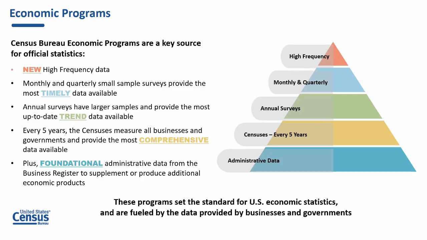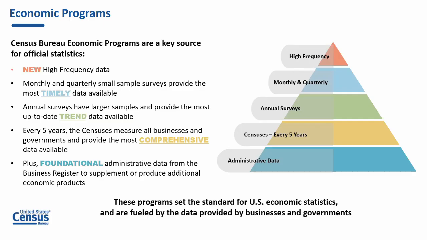Then we look at our annual programs that continue to measure these elements of the economy, but the sample is larger and you can begin to see trend data. More importantly, data become available beyond the national level and you can look into more geographies. And lastly, the economic census, which is the most comprehensive data available.